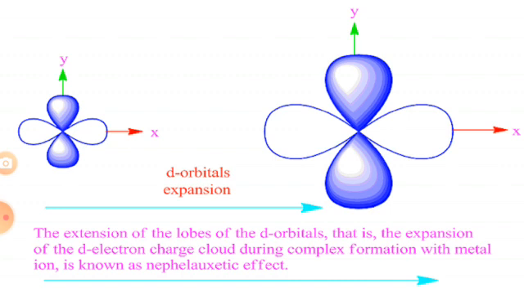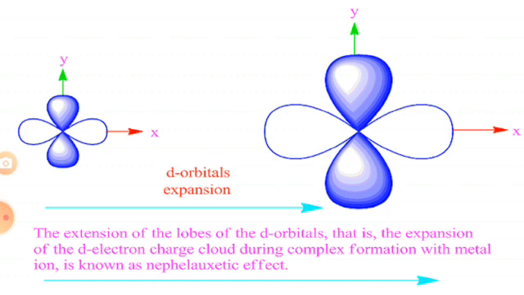When ligands around the metal form a molecule, the interelectronic repulsion value reduces. Why does it reduce? Because that value depends on the ligand and the expansion effect, that is the Nephelauxetic effect.